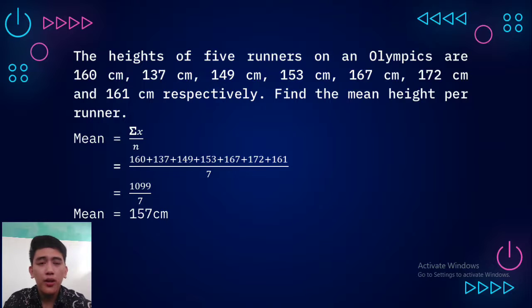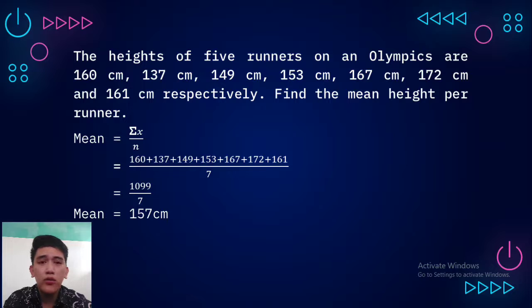First, we have to add all the given values in the data, where it is 160 plus 137 plus 149 plus 153 plus 167 plus 172 plus 161. Then divide it by the total number of the given data, where it is 7.